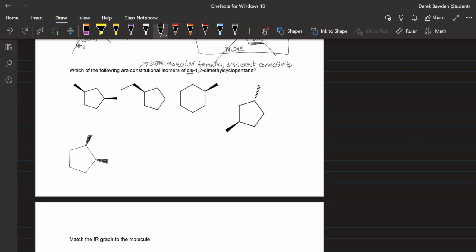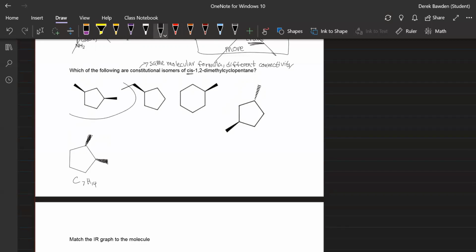For example, this molecule down here is C7H14. You can go through and count the hydrogens: 1, 2, 3, 4, 5, 6, 7, 8, 9, 10, 11, 12, 13, 14. Perfect. So we're looking for ones that are also C7H14 but do not have the same connectivity. That means things are moved around and different carbons are connected to each other.